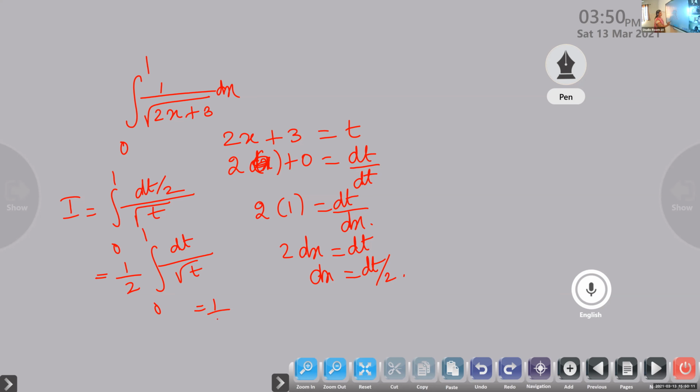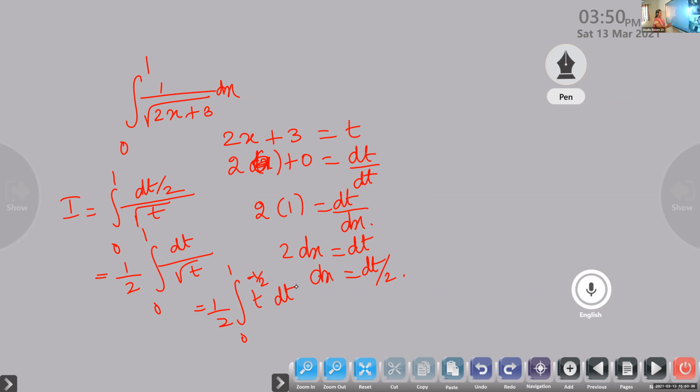Root t means t raised to half, so it is integral 0 to 1 t raised to minus half into dt.